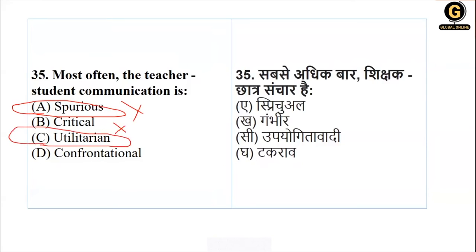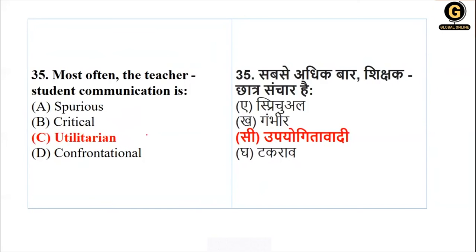So teacher and student, if they are communicating, तो क्या उसमें से हम ले सकते हैं? The one which is most and most utilized, जहाँ पे student can utilize more and more out of the teacher, and teacher can utilize more from the student to understand the student. So it is called as utilitarian. So option number C is your right answer for this question.